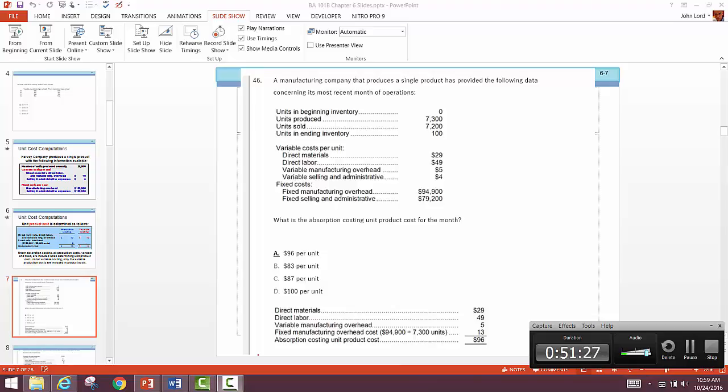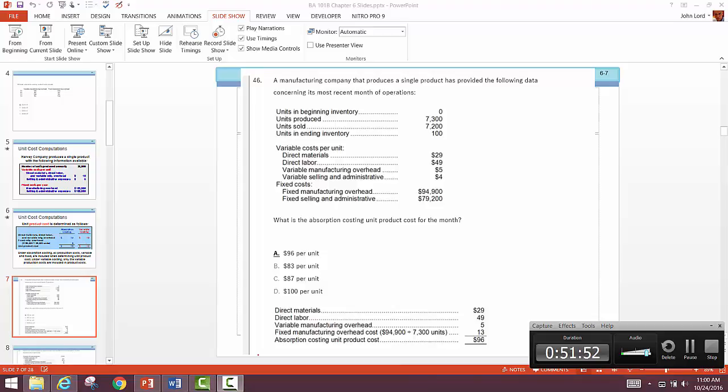Let's do the fixed first. That's easy. The fixed is what? 79,200. And the variable, it seems that the variable should be by the number of units I sold here.